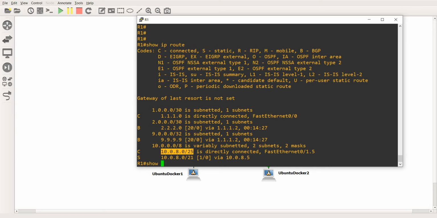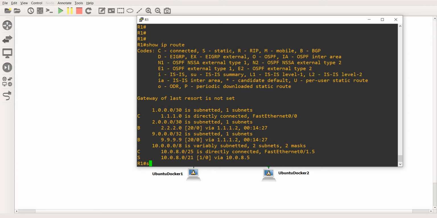So I'm going to actually talk about the command a little later. So that's one way that you can use to find the best route that the router is going to use to forward the destination IP address.